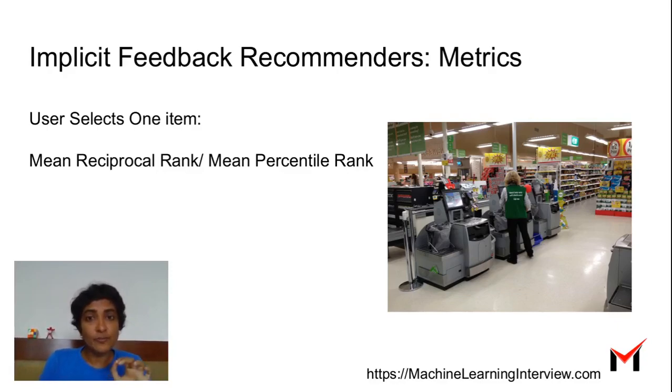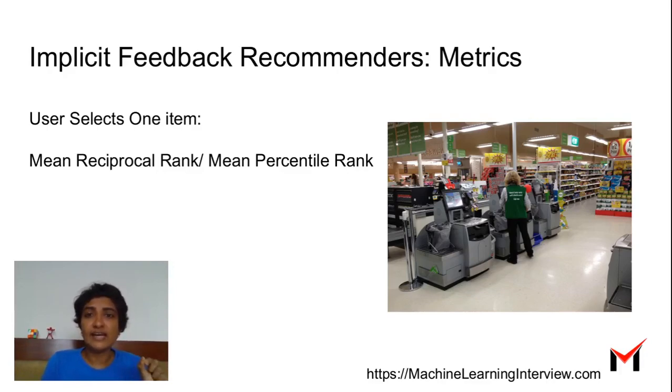The kind of metrics used for this are slightly different. The typical metric used is the mean reciprocal rank. What you want here is that the correct item is ideally shown as close to the top as possible. So the reciprocal rank is just the reciprocal of the rank of the correct item.